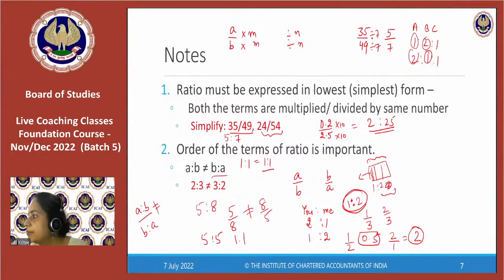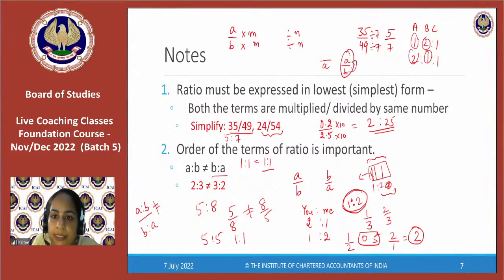Basically, we are comparing one value with that of the other. And when you do this comparison, if it is A in terms of B, then it becomes B in terms of A. The meaning changes, the relevance changes. I hope you understand this much.